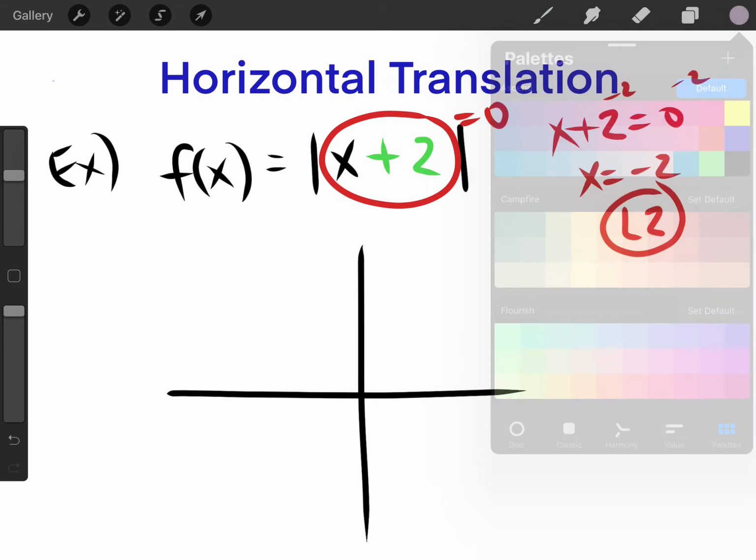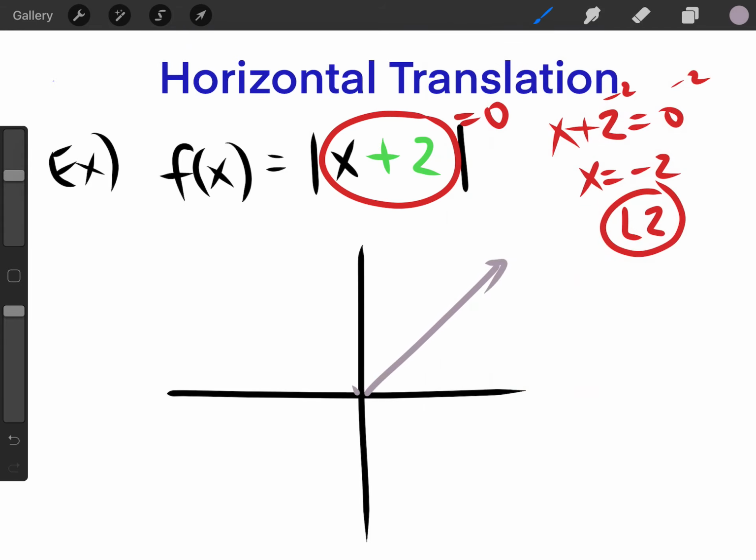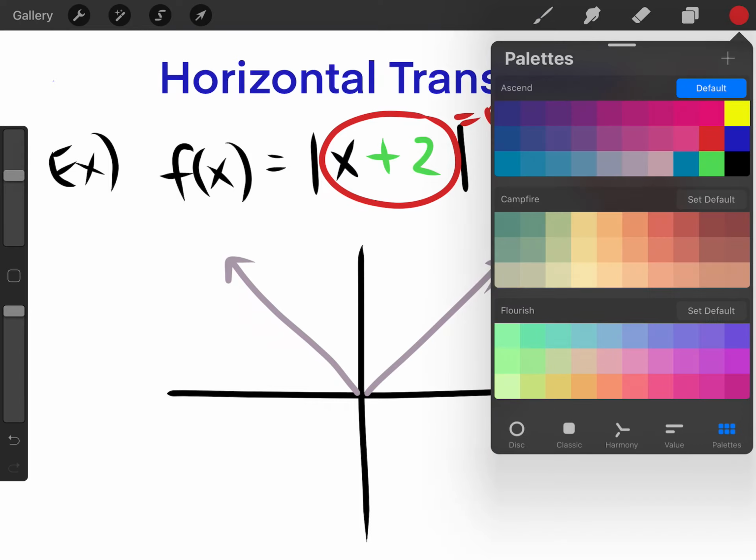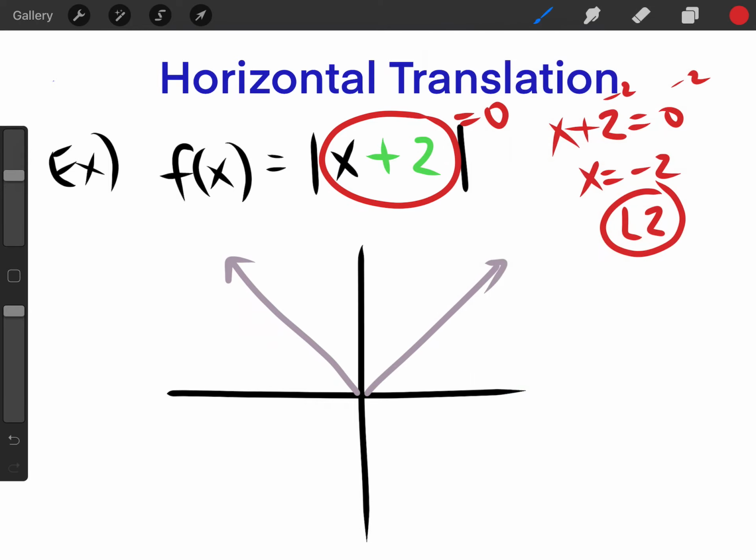So let's grab the parent function first, good habit, and then go towards the left. Start from the origin, now you're going to go left by 2 units. So this is going to be your V shape. Just draw something that has a similar steepness as your parent function and just shift towards the left by 2 units.